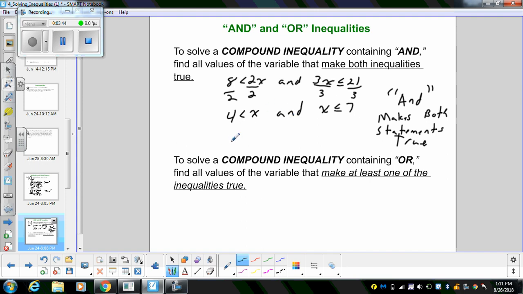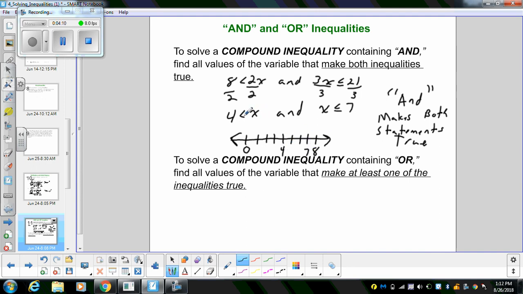Alright, so if I make a number line here, and I'm going to put, let's see, so it's 4, so, alright, so I'm going to do 0, 1, 2, 3, 4, 5, 6, 7, 8. Alright, so this is going to be 0, this will be 8, so that would make this 4, and this 7.